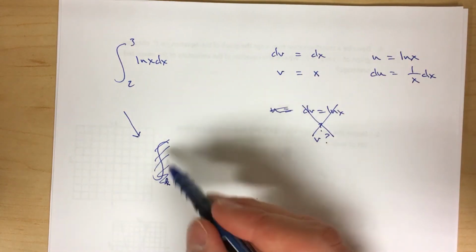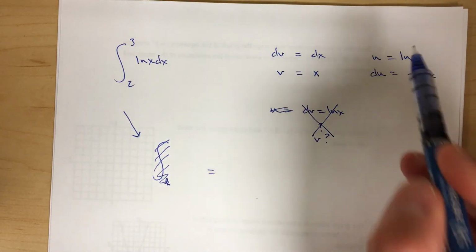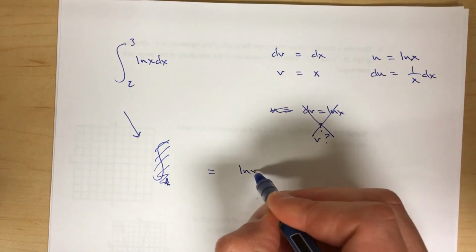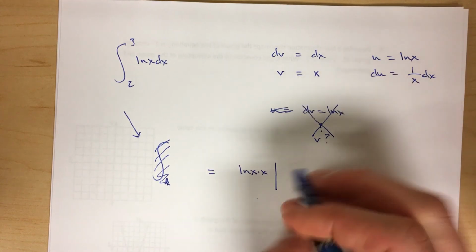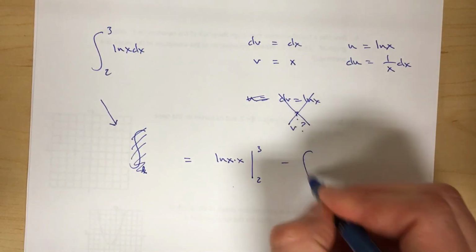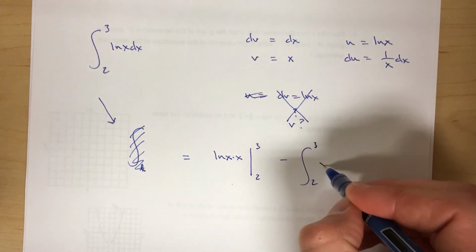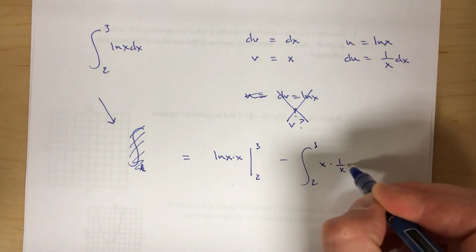What it should become is uv, that's ln x times x, evaluated between 2 and 3, by the way, minus the integral evaluated between 2 and 3 of v du. That would be x times 1 over x dx.